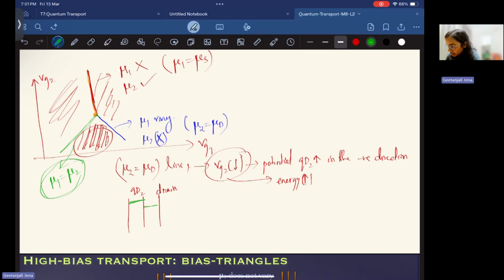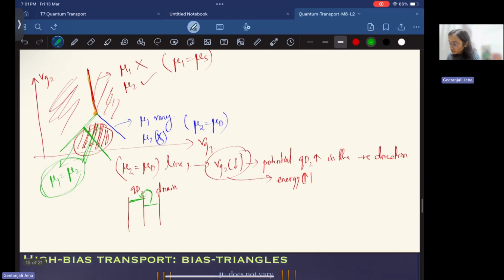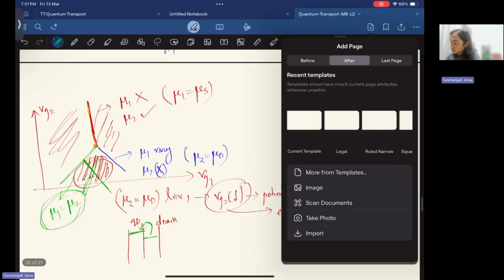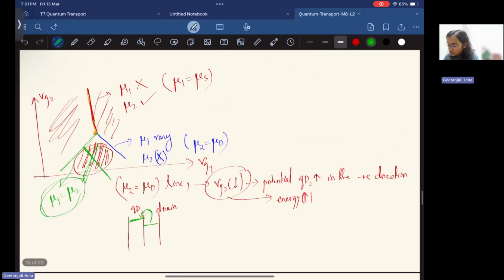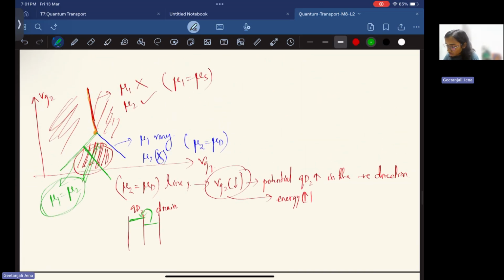So you can see it here. No electron tunneling, no charge tunneling can happen if you have a condition like this. So that means the charge transport cannot occur in this region below this blue line. Okay. Now for the second limiting case, where we are seeing the area which is right to mu1 equal to mu_s.